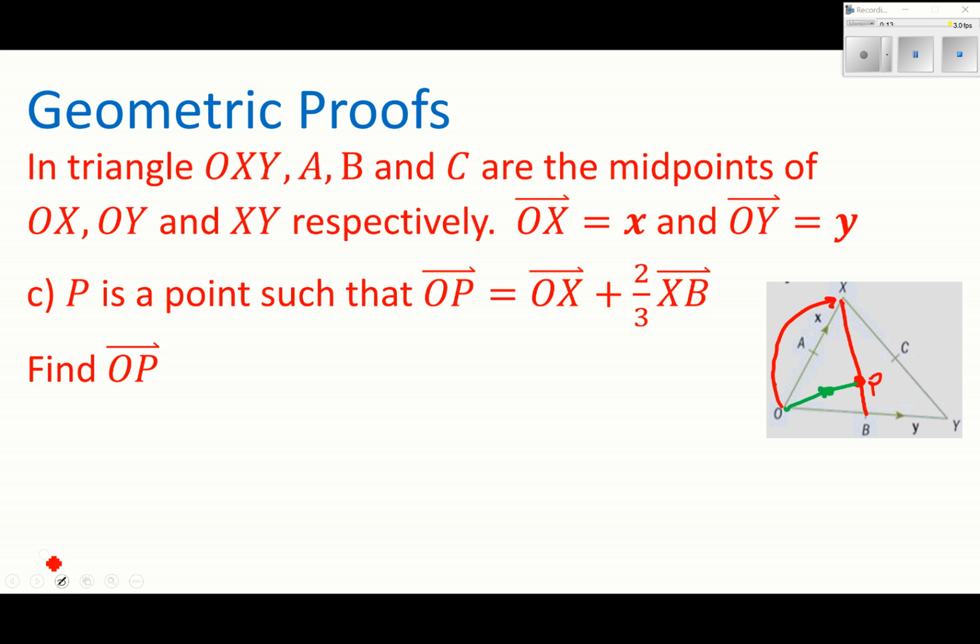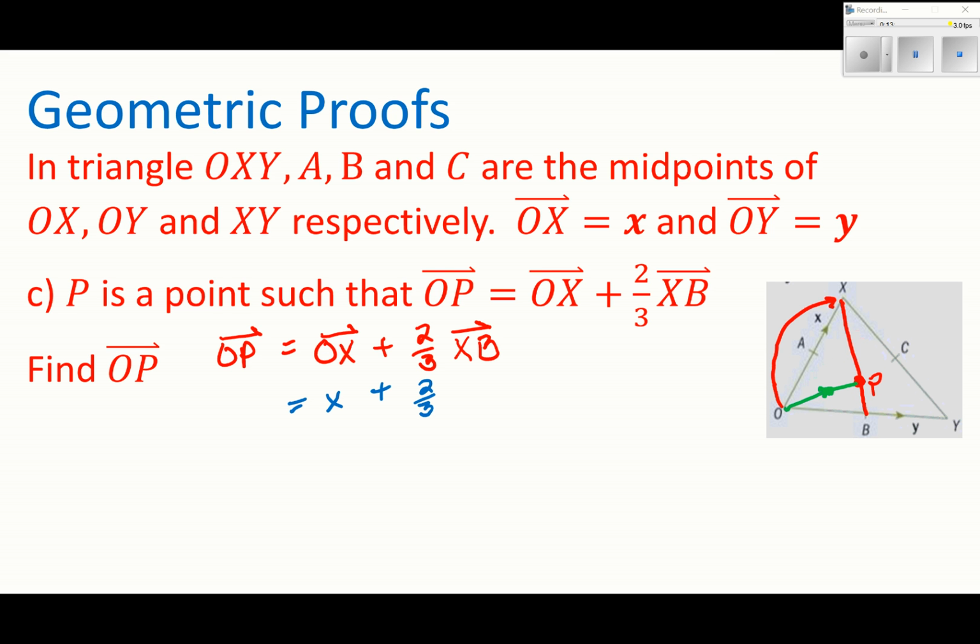Well, we can work through this one as well. I know that OP is going to be represented by this OX plus 2/3 of XB. And I know that OX is really my boldface X plus 2/3 XB.